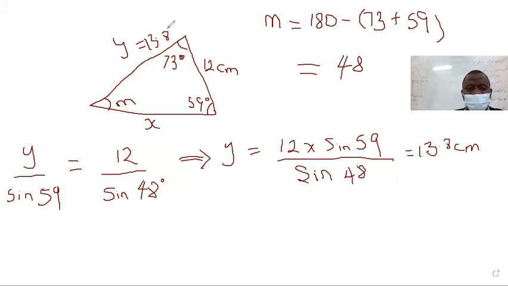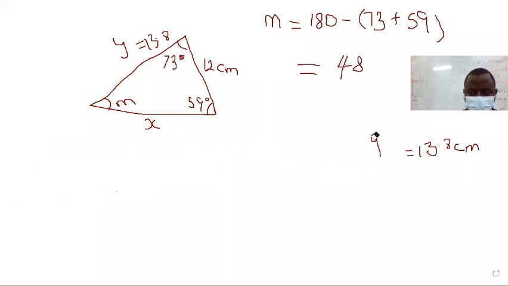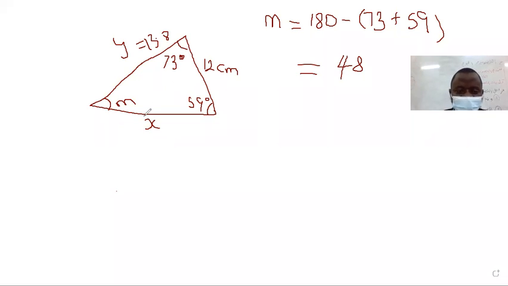Okay, so let us find the final side, which is side X. Again, X divided by sine 73 because the opposite angle to X is 73 degrees.